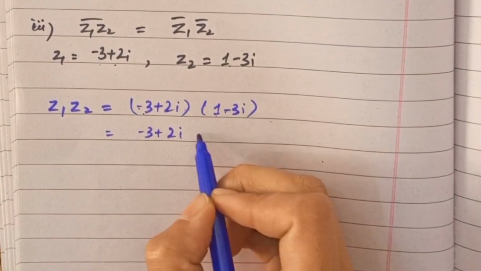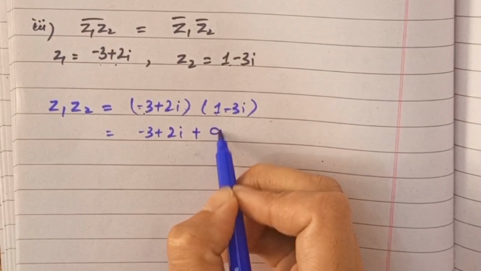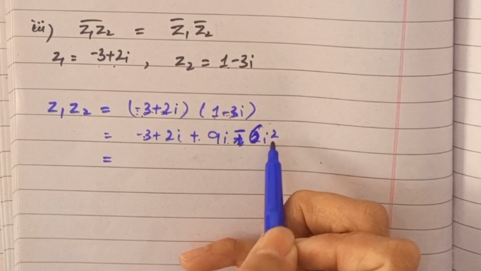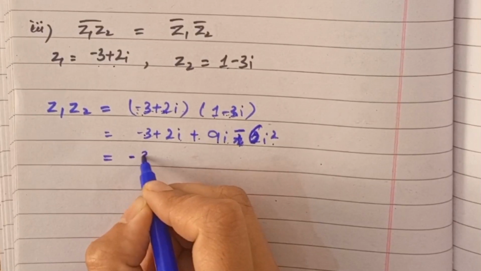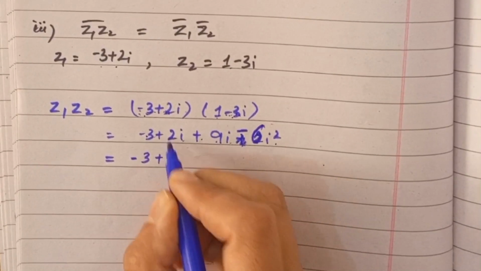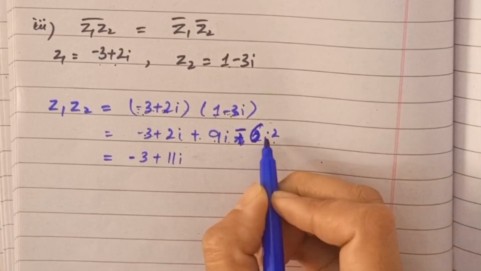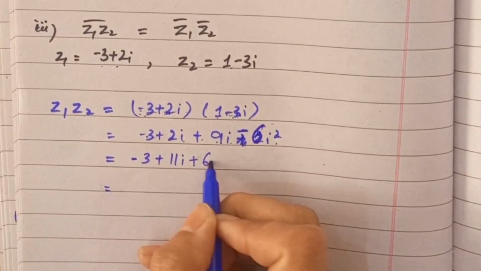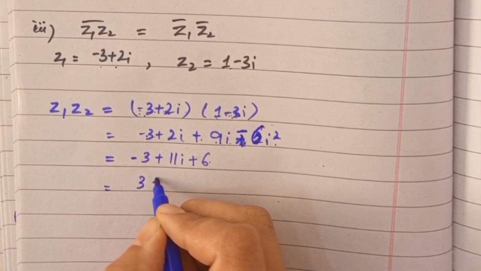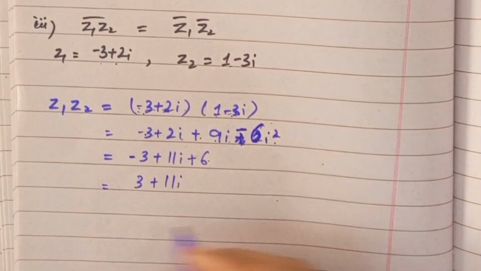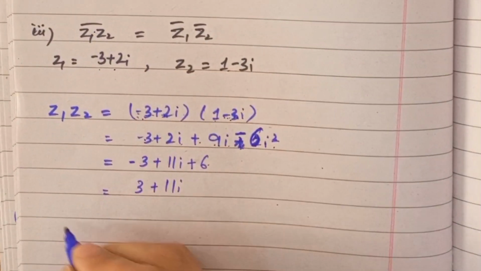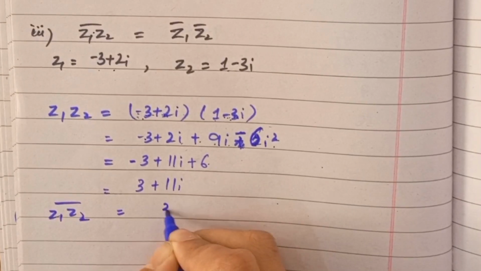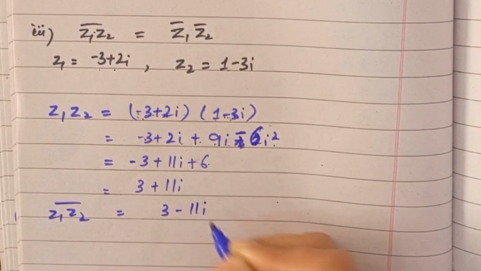Now minus into minus is plus, 3 into 3 is 9 iota, minus is minus, 2 into 3 is 6, and iota into iota is iota square. 9 plus 2 is 11 iota. Iota square is minus 1, so minus minus is plus 6. 6 minus 3 is 3 plus 11 iota. Now we will take the conjugate of it. The whole conjugate is equal to 3 minus 11 iota.